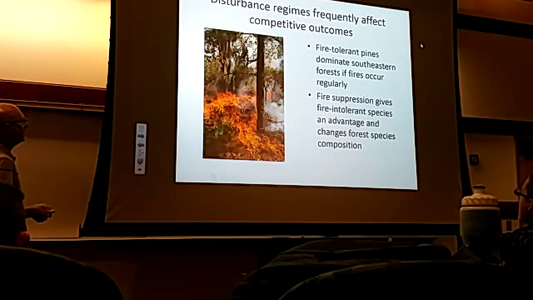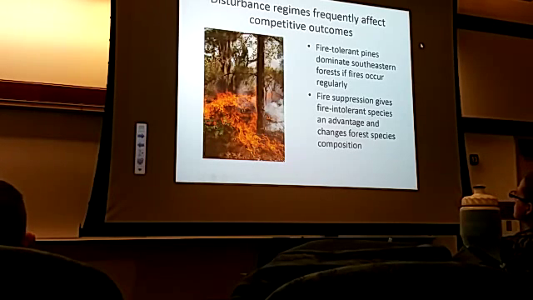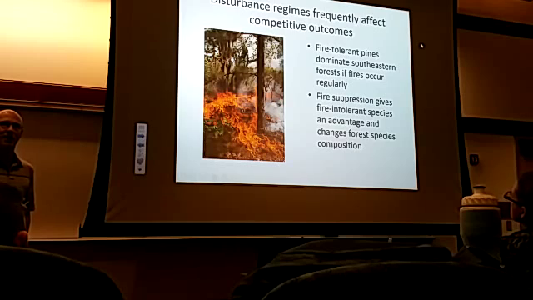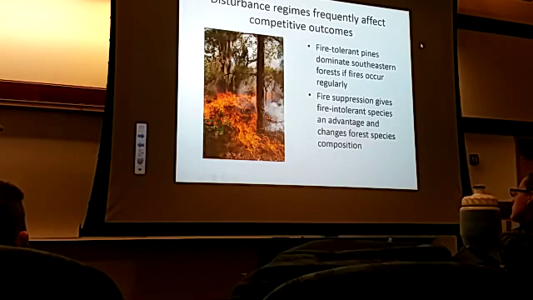So what happens with this, for example, if you wanted to look at a fire-tolerant landscape, the southeastern U.S., which is largely pine trees when it's allowed to undergo its natural disturbance regime, stays mostly pine forest in those situations, unless you suppress the fire, and then it gives these other species a competitive advantage because they're not being removed by the disturbance.